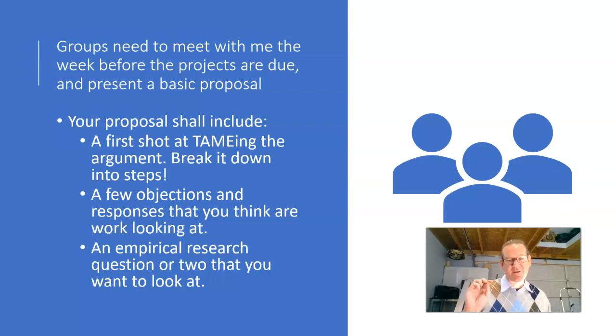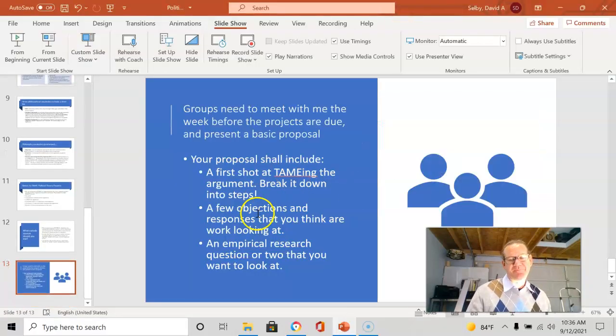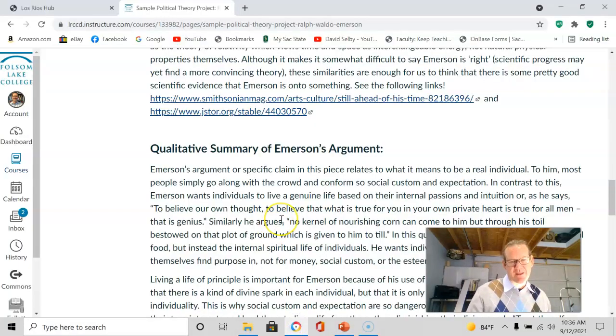So preferably you have a first shot at stating the argument, a few objections and responses, and an empirical question you want to look at. Depending on the class, especially earlier groups, we're kind of getting you going and you might not be working ahead yet as much. So that's fine, not a big deal. But proposals should have these things. Now let's go look at, as I said we would, my Emerson one again, okay?